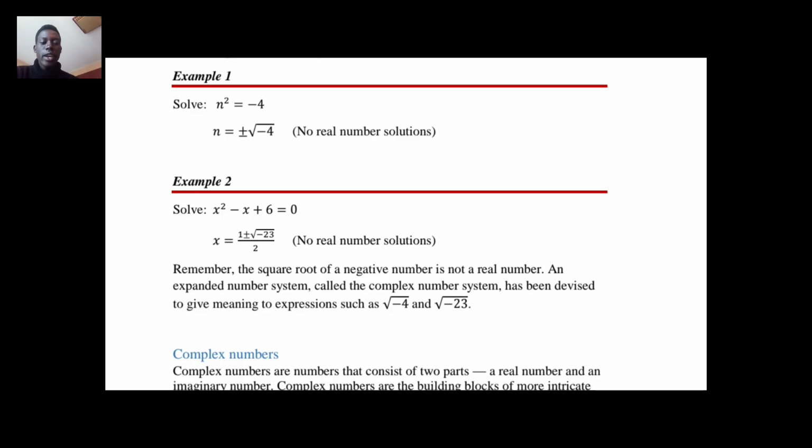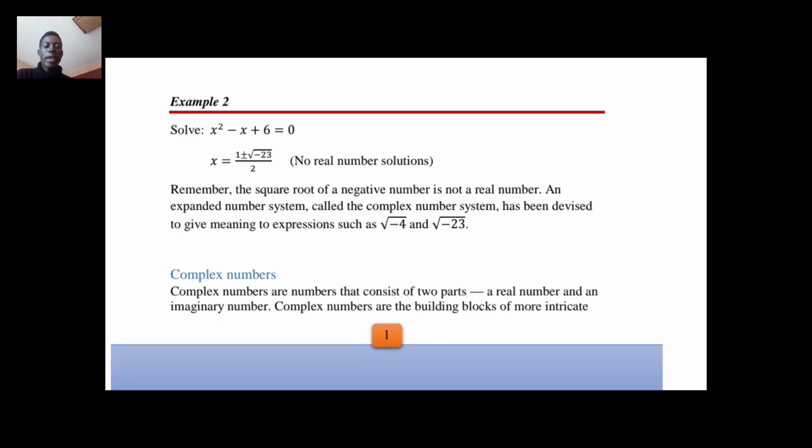So this brings us to the understanding of complex numbers, where we say it is a sum of a real part and an imaginary part. A complex number consists of two parts, real part and imaginary part.